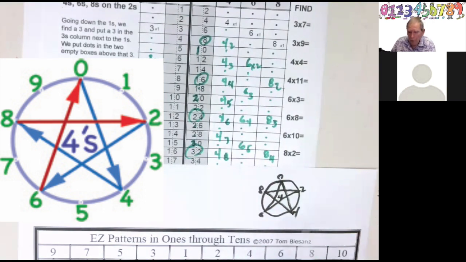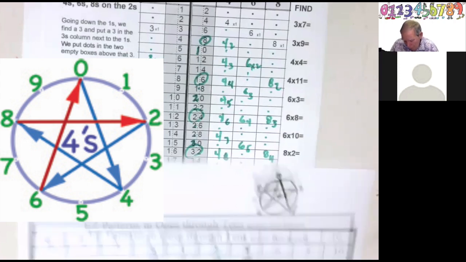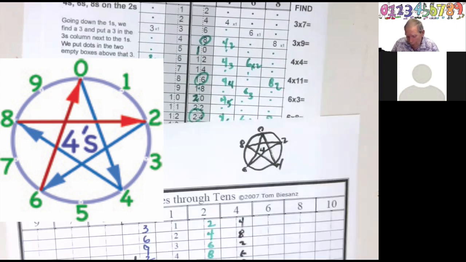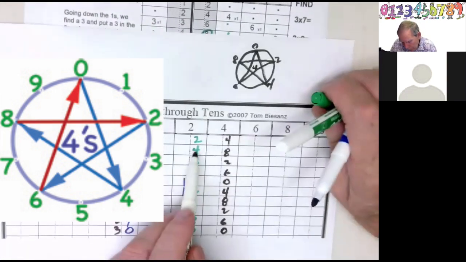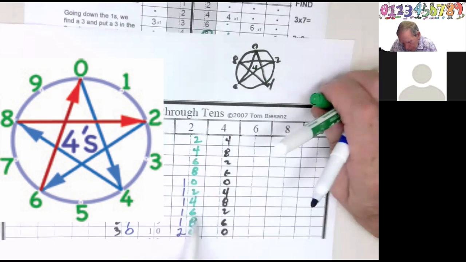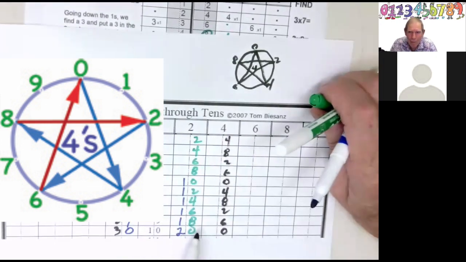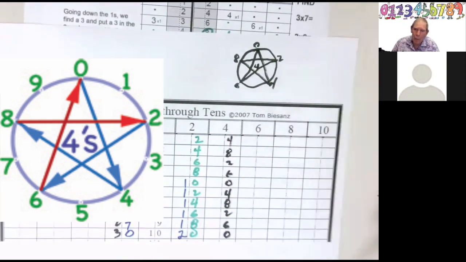You see it on the wheel, you see it on the long version of the easy times table. It just makes sense. And it's every other 2. If you look on the 2s, you can go, okay, so every other 2, 4, 8, 2, 6, 0. So there's 3 different ways that you can see the pattern.